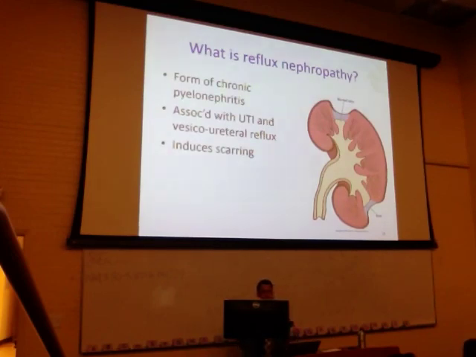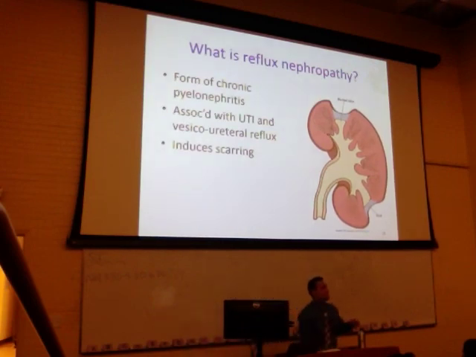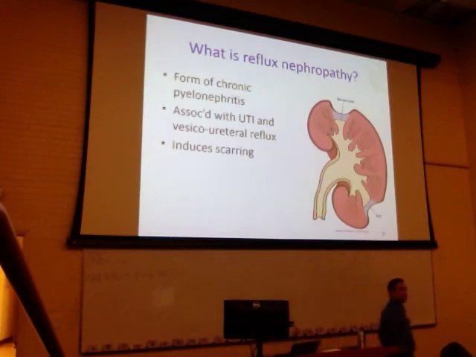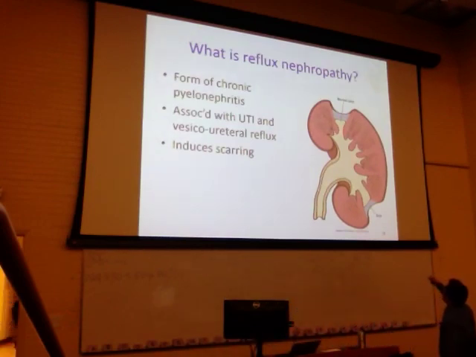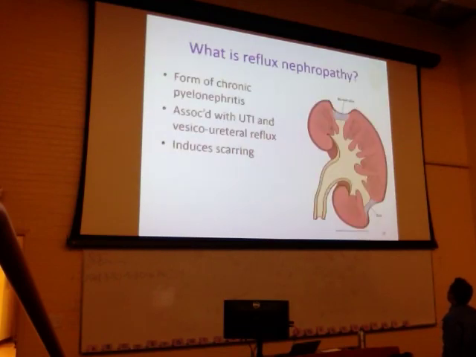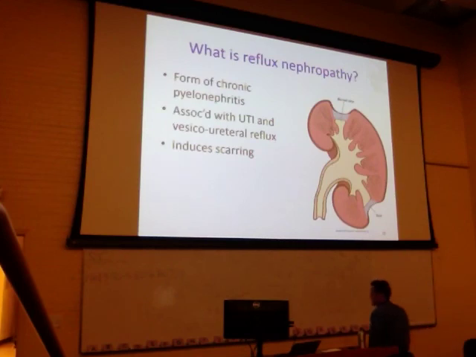Okay, it's typically associated with a urinary tract infection and a very aggressive VUR reflux. And in this reflux nephropathy, in its extreme case, you see some very aggressive scarring of the kidney itself, because this infection made it all the way up into the kidney proper and is causing major damage of that particular kidney.